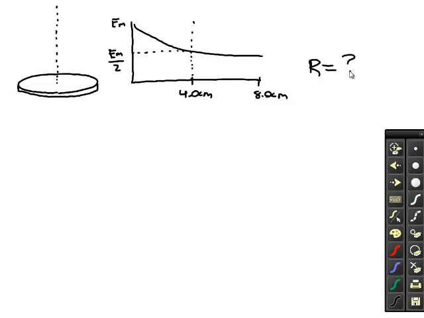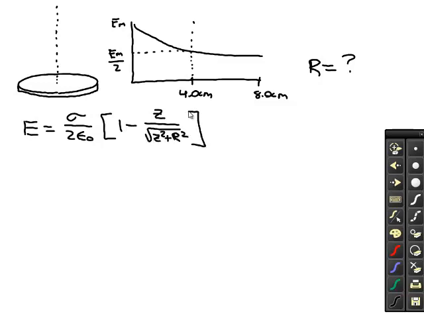We did not derive this, but the book does a nice derivation of this, and here it is, for a charged disk.